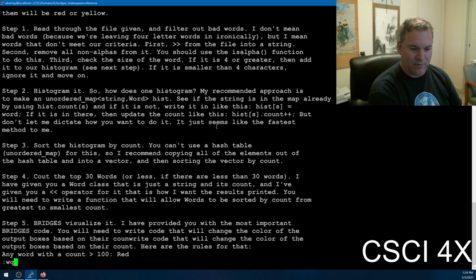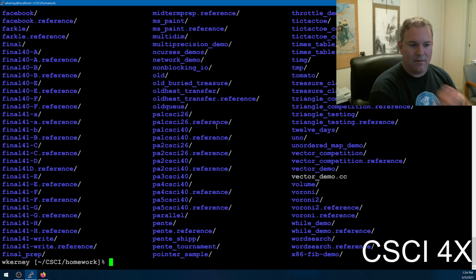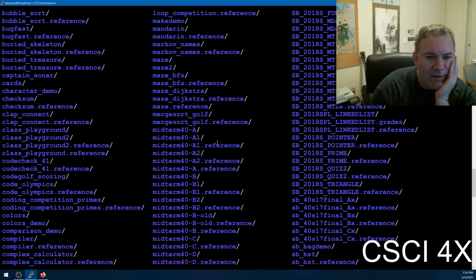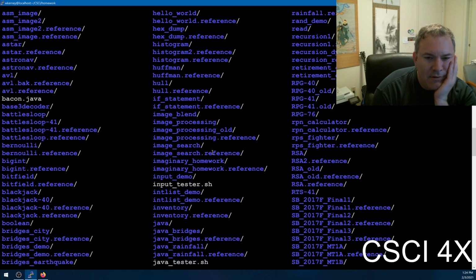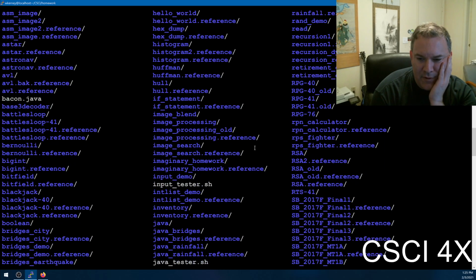No, this one requires an unordered map. Yeah, this one was actually pretty rough. Yeah. Shakespeare was surprisingly hard. Man, so many different homeworks we can give. Can't believe how many homeworks we've made here over the years. There's so much. I know, right? All these that have these weird names, like 40, whatever, these are made by other professors.